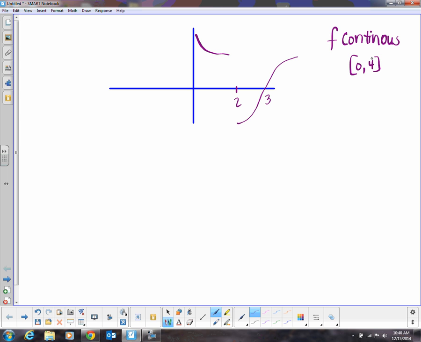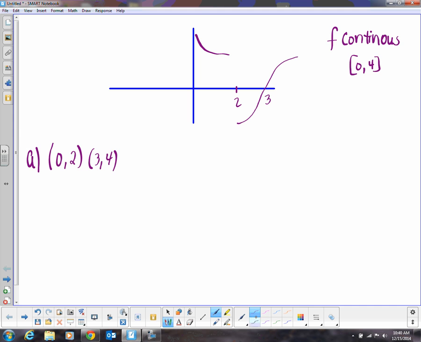For what values is f increasing? How do you look at this graph for increasing? Anything above the x-axis. So it's going to be 0 to 2 and 3 to 4. Did you pay attention to the interval? Yes, I am. Okay. For what value of x does f have a relative minimum?